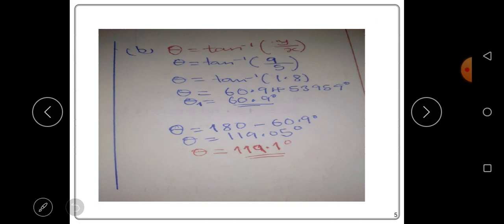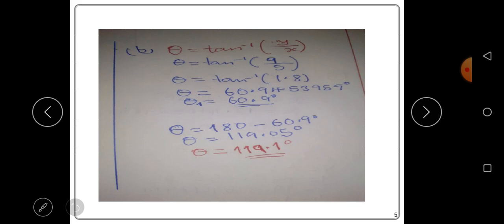To find the angle theta, we use the formula theta is equal to tan inverse of y over x. Y and x are just components: y is the y component of the vector, and x is the x component of the vector. So we substitute.